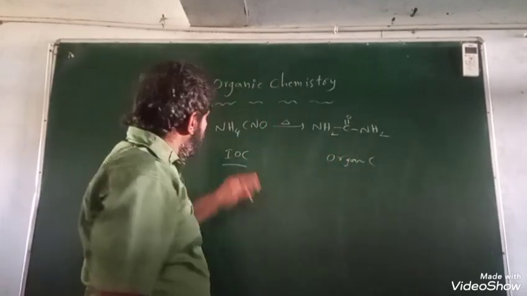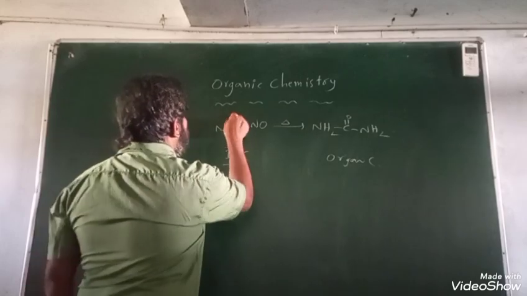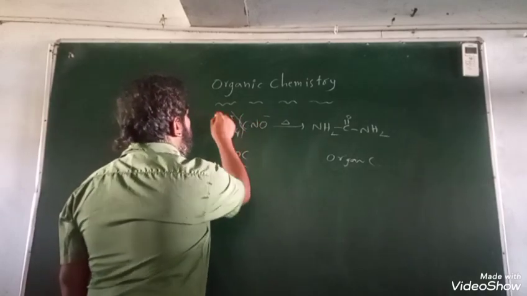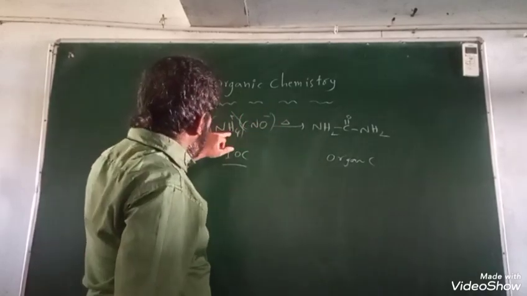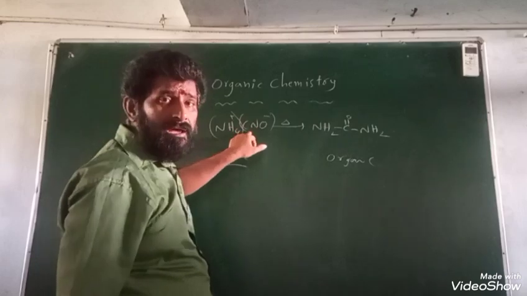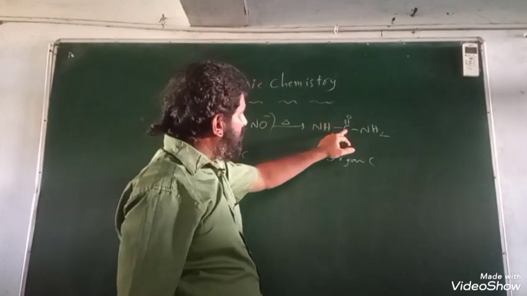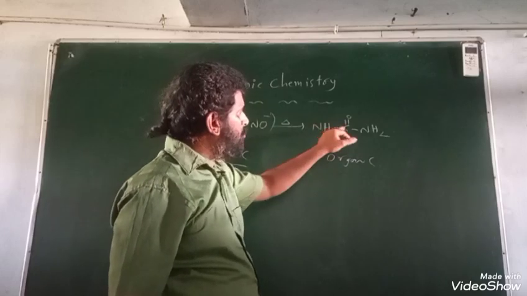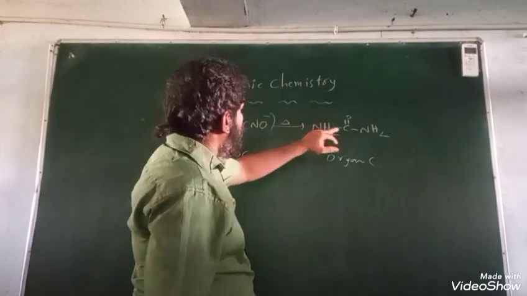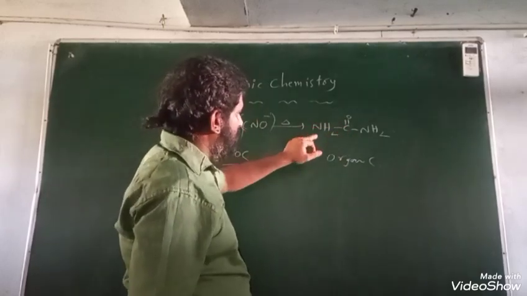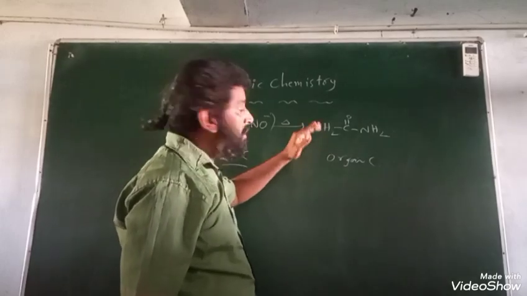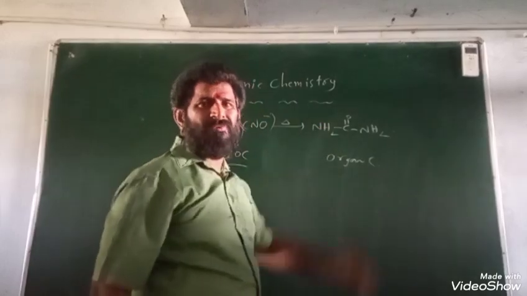Observe here, in NH4+ CNO-, it's an ionic bond between these two, meaning hydrogen and carbon are connected through an ionic bond. Whereas here, hydrogen and carbon are connected through a covalent bond. However, carbon is connected to nitrogen, and nitrogen is connected to hydrogen, but the link is totally covalent.